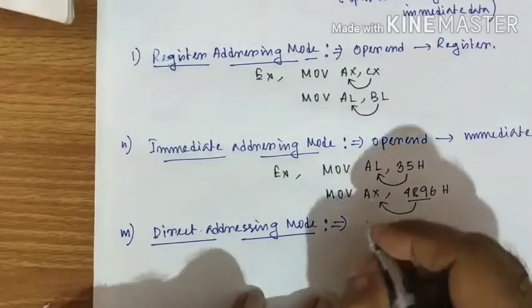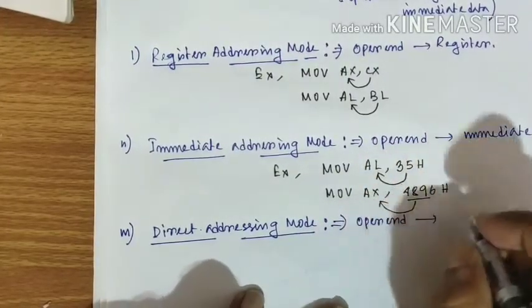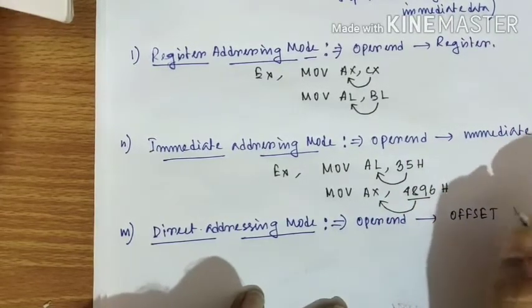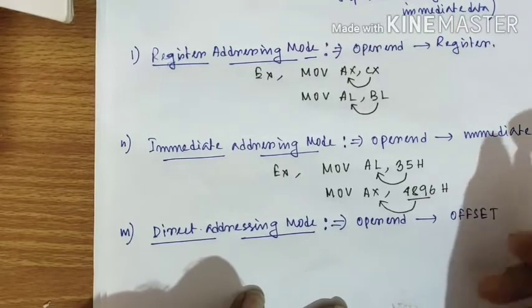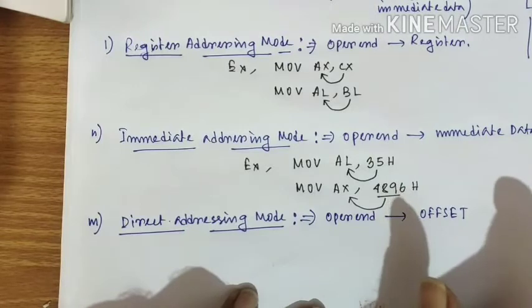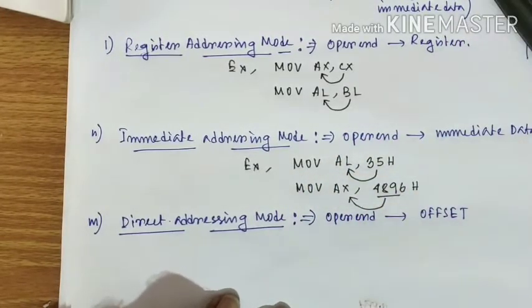Here the operand is basically offset, and it is directly mentioned here. The value of the offset is directly mentioned here. So the example can be like that one.